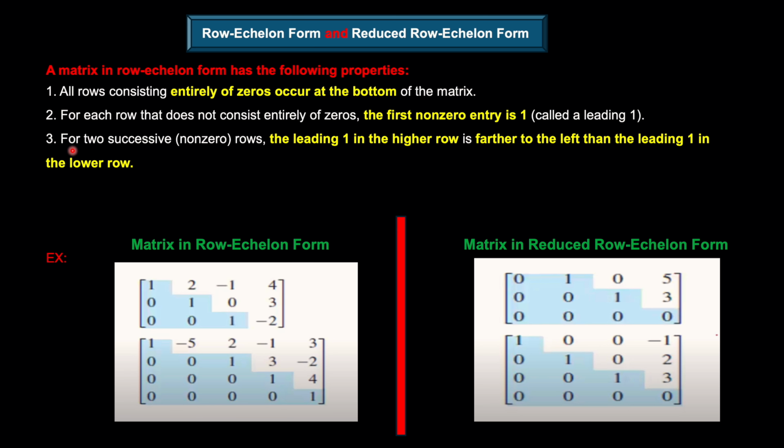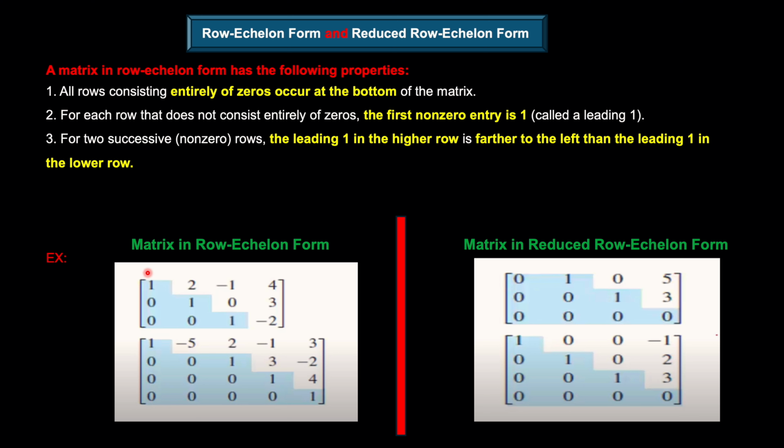The third condition is for two successive nonzero rows, like this row and this row. The leading one in the higher row is farther to the left than the leading one in the lower row.